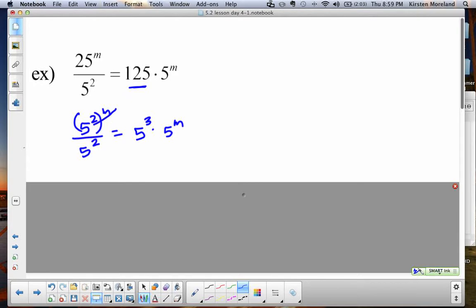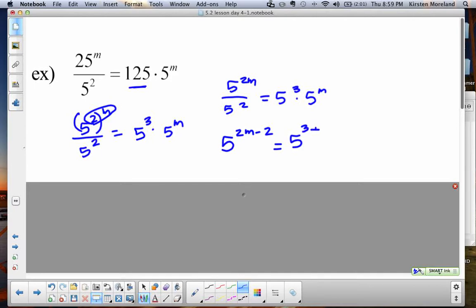Okay, first one, multiply those, so I get 5 to the 2m over 5 squared equals 5 to the third times 5 to the m. When I divide, I subtract, so I get 5 to the 2m minus 2. And when I multiply, I add, so I get 5 to the 3 plus m.